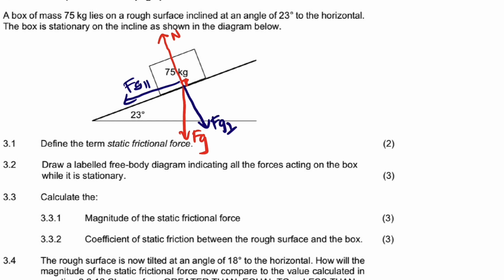And now, since the object is stationary, it has a static frictional force that is going upwards. There's a static frictional force, called Fs. It's static because it's not moving. That's the force that keeps an object from moving.